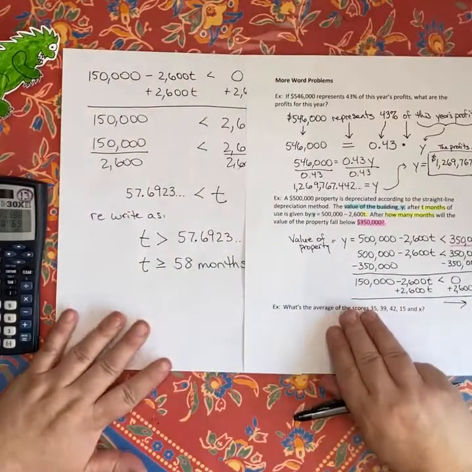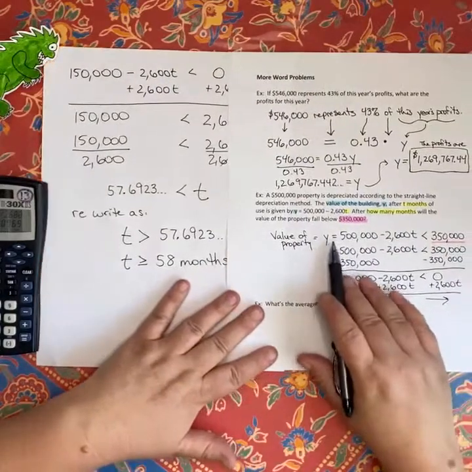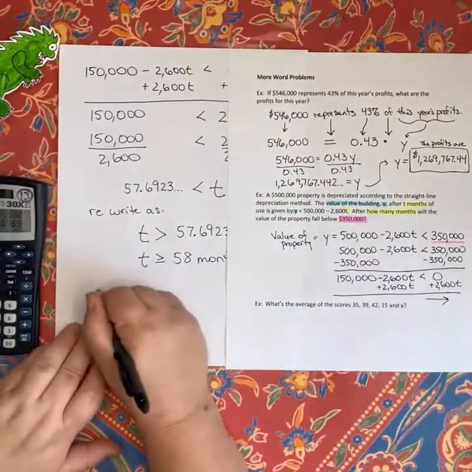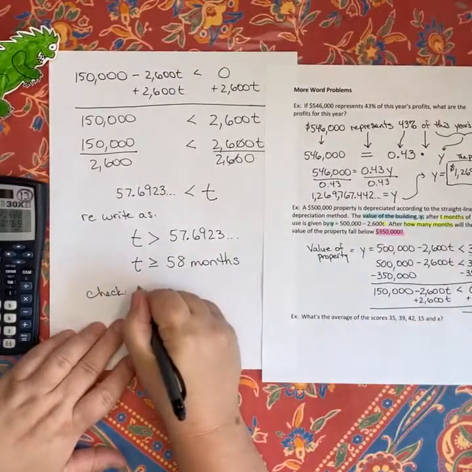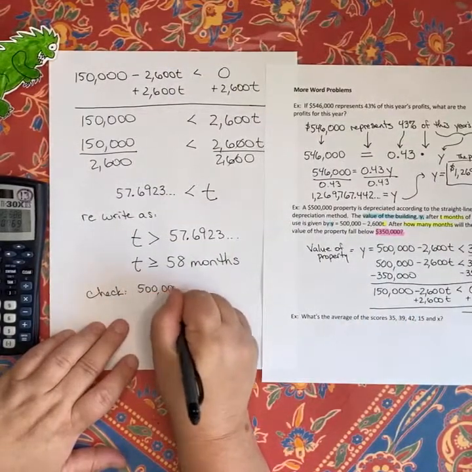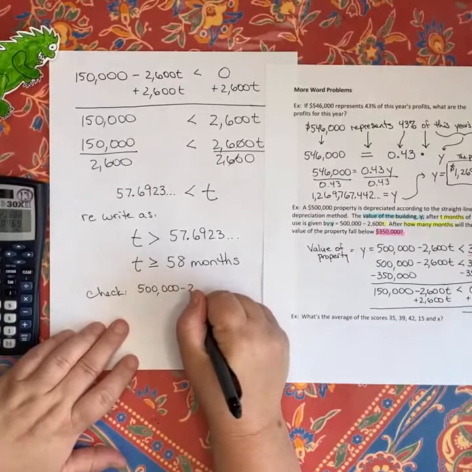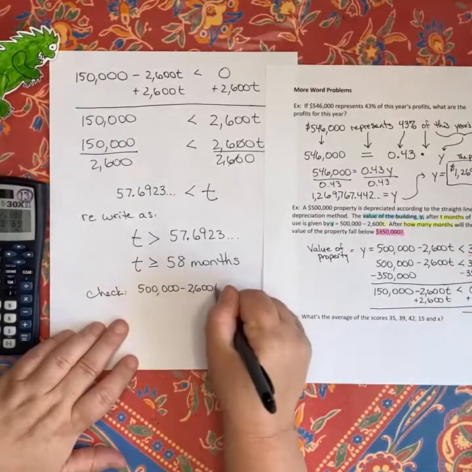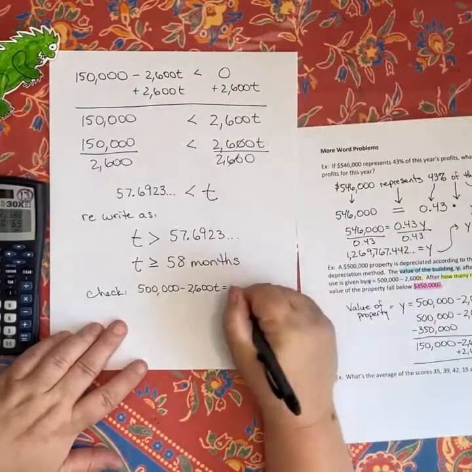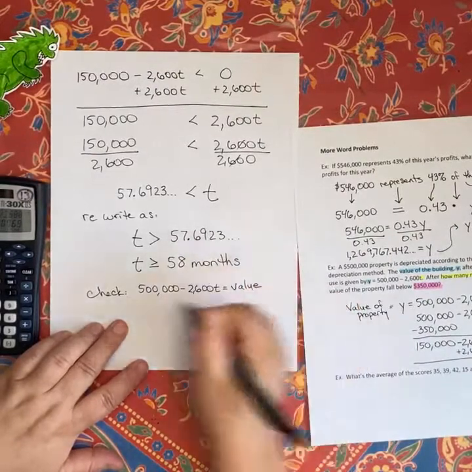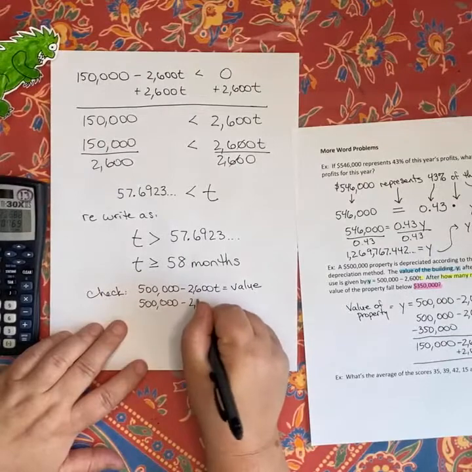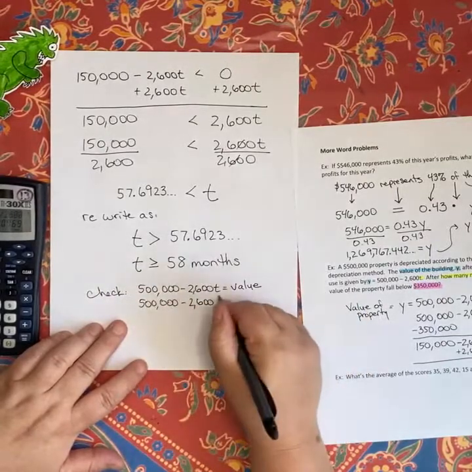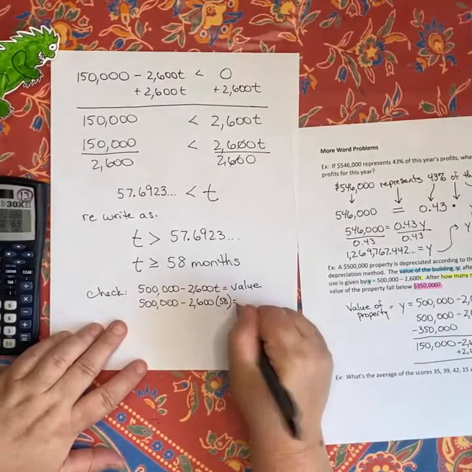Let us look at the equation, this one right here, the value of the property. Let me check. So it's 500,000 minus 2,600t is the value of the property. So let's do 500,000 minus 2,600 times 58.